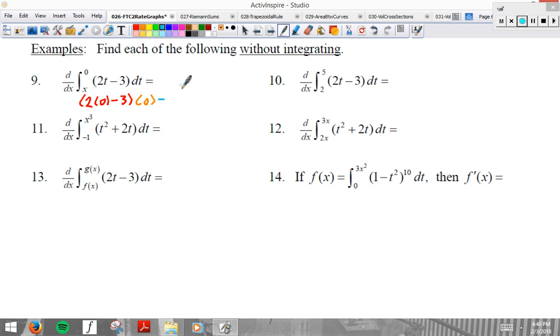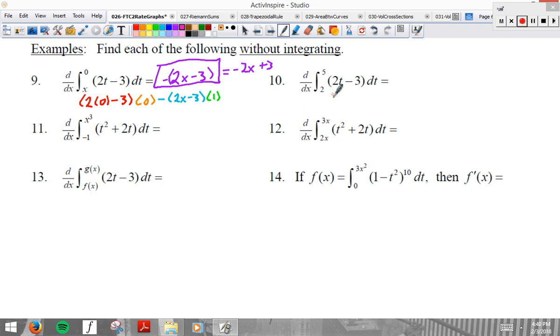Minus, we would plug in the lower bound times the derivative of the lower bound, for a final answer of, so this holding 0, negative 2x minus 3. I'm not going to simplify more than that. You are welcome to. That would equal negative 2x plus 3. Careful with your distribution.